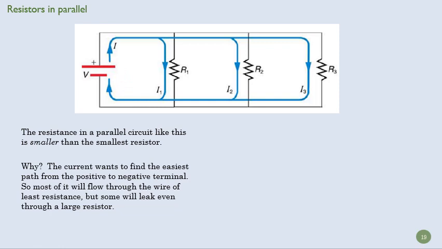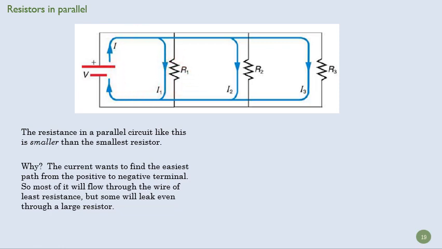So if this is a 500 ohm resistor, this is a 500 ohm resistor, and this guy's a 10 ohm resistor, almost all of that's going to go through here because it's the easiest path, right? So if I made these big enough, my circuit would essentially just be this. And I could figure out what my current is just by using that 10 ohms.